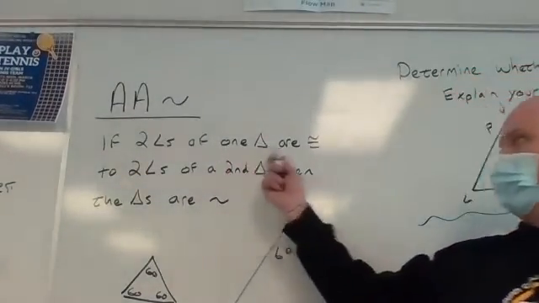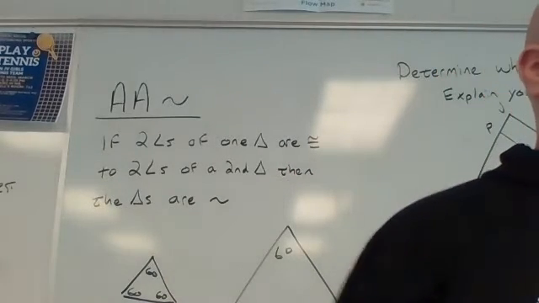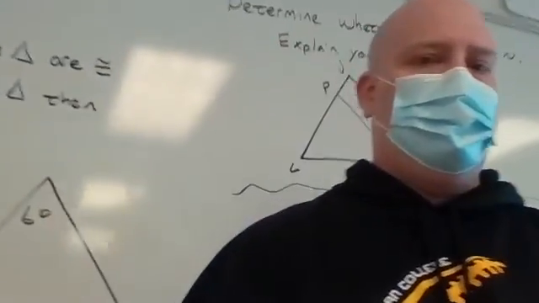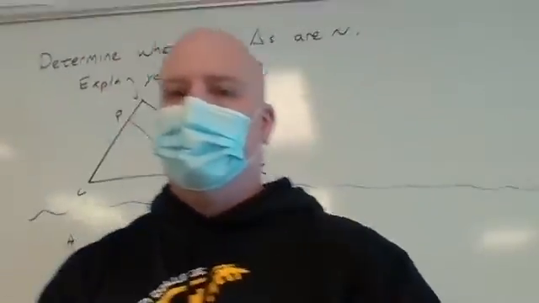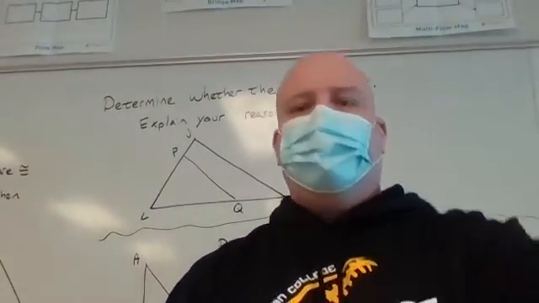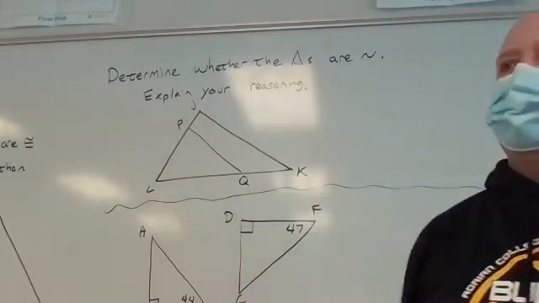This symbol means triangle, that symbol means congruent. So let's get into the examples. The examples we're going to do today are what your homework is going to be mostly like.